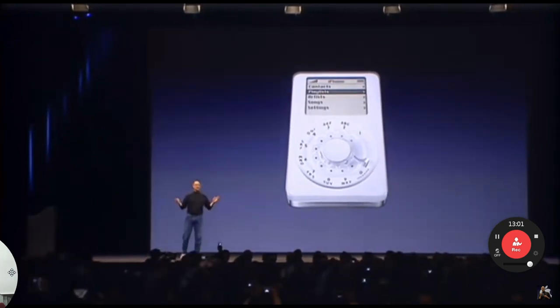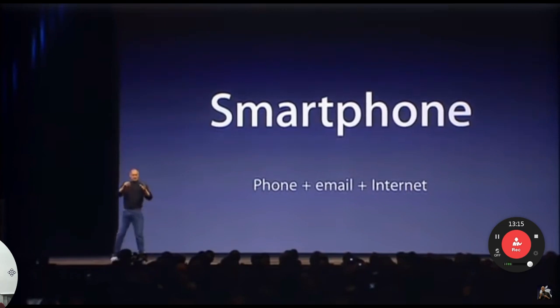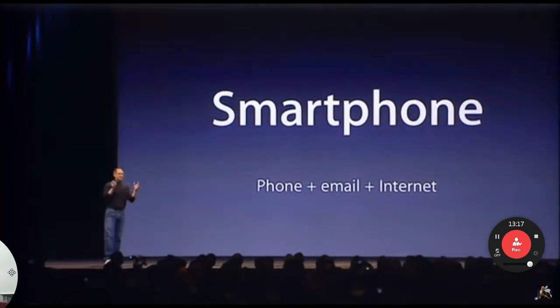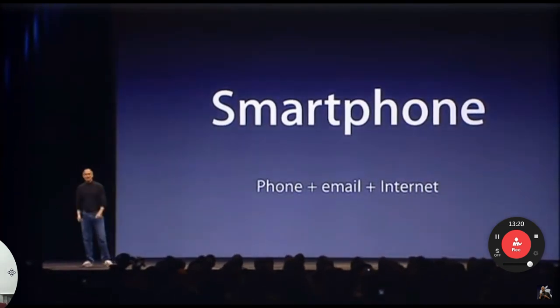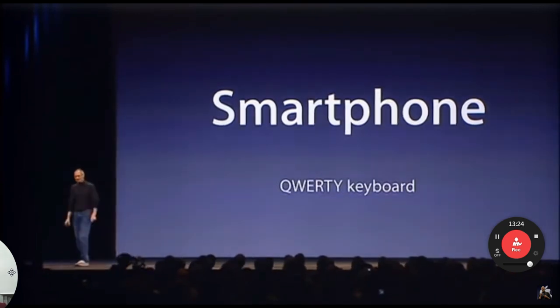So, before we get into it, let me talk about a category of things. The most advanced phones are called smartphones, so they say. They typically combine a phone plus some email capability, plus the internet, sort of the baby internet, into one device, and they all have these plastic little keyboards on them.